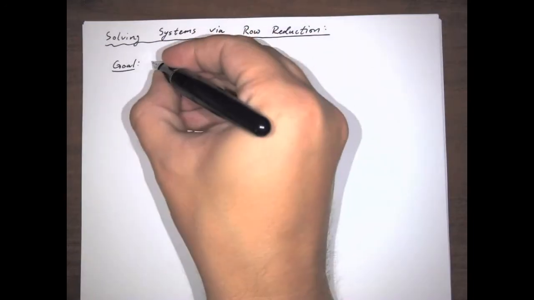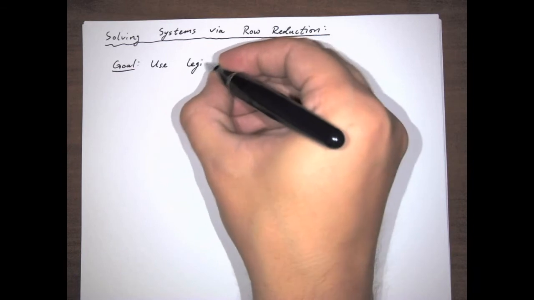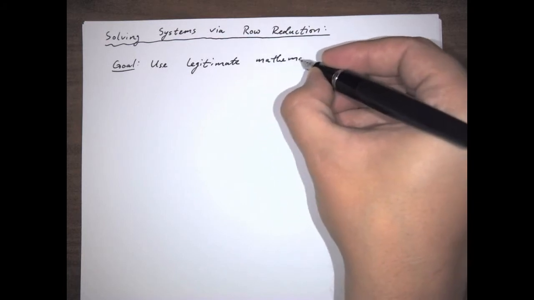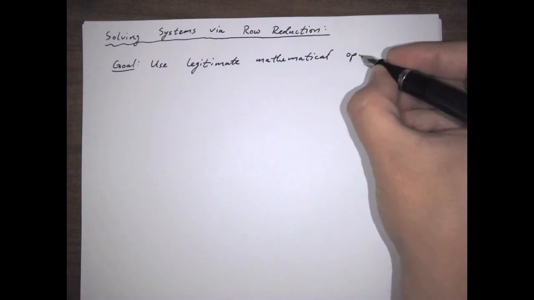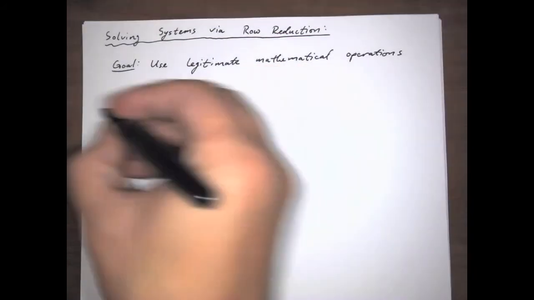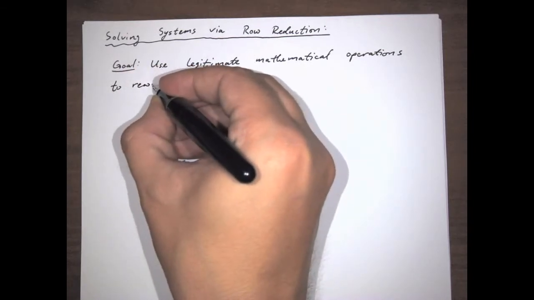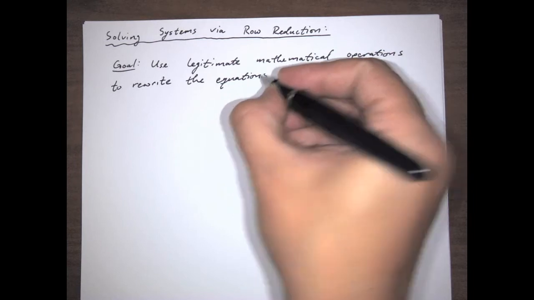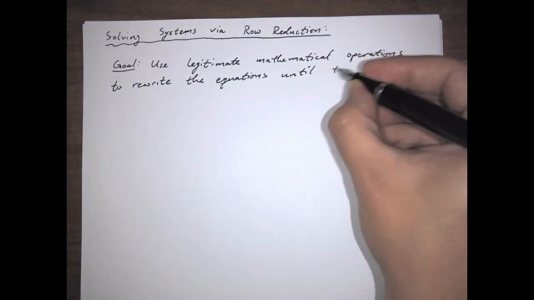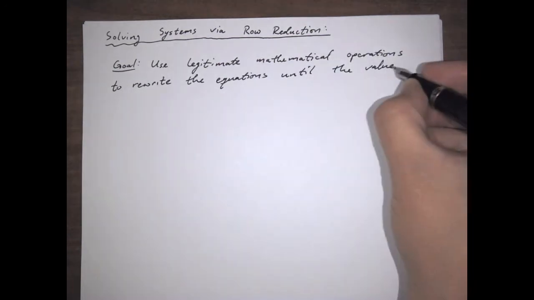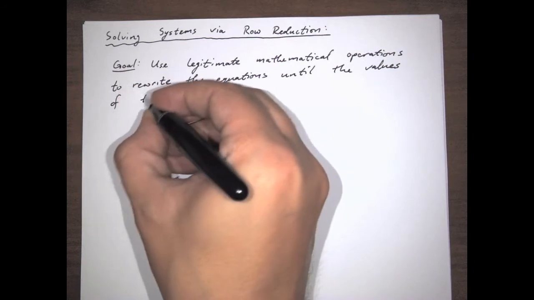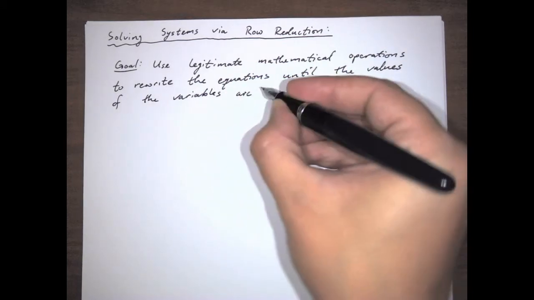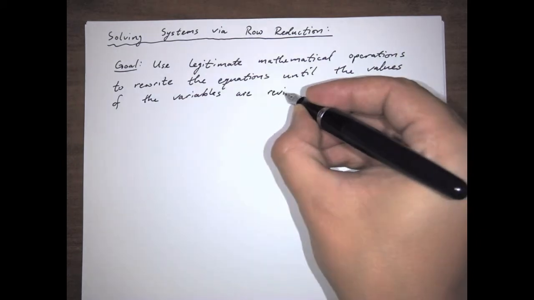So the goal: use legitimate mathematical operations to rewrite the equations until the values of the variables are revealed.